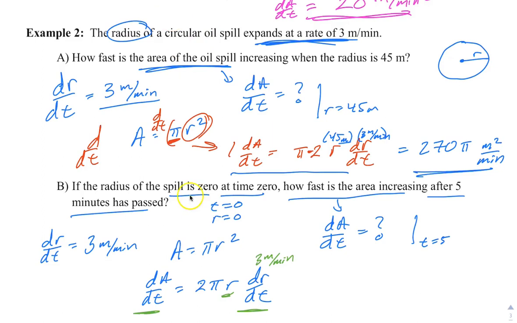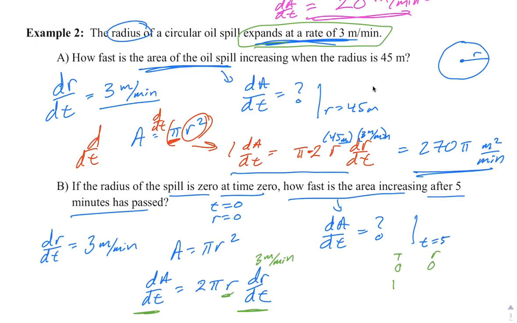So let's think about how we find the radius. I know the radius is 0 at time 0, and I want to know what the radius is after 5 minutes have passed. Do we know how much it's increasing? Every minute it's going up 3 meters. So at time 0, my radius was 0.